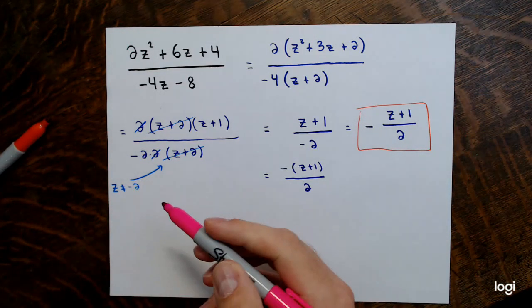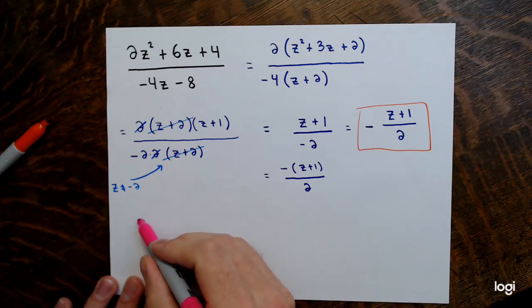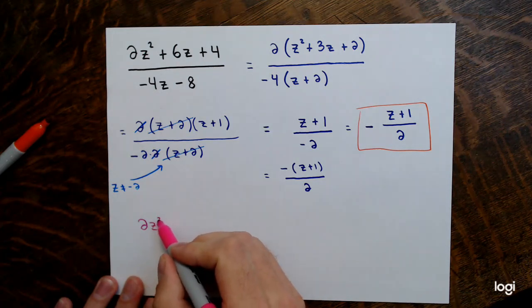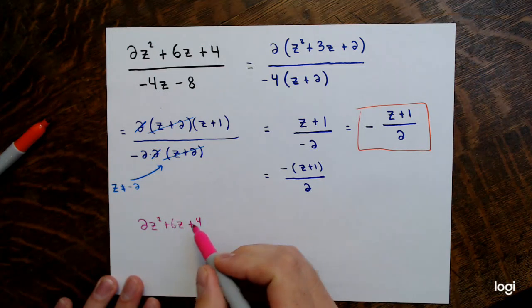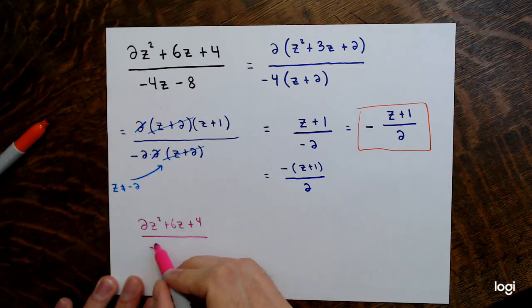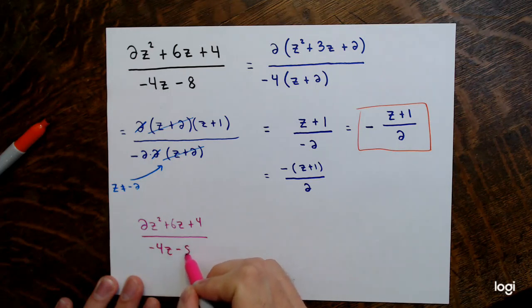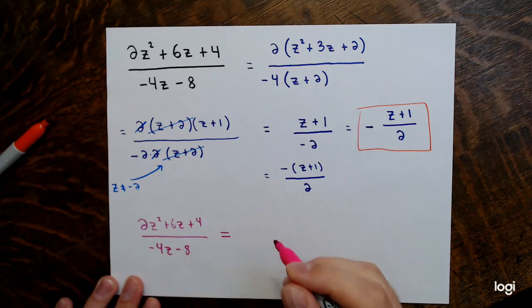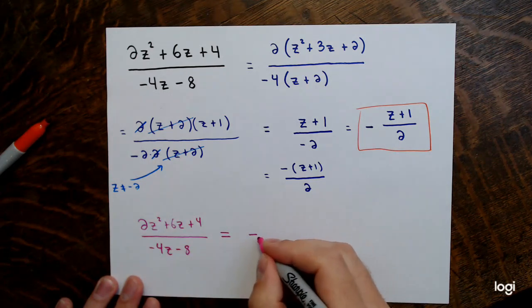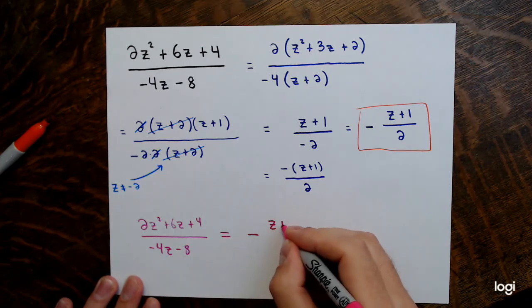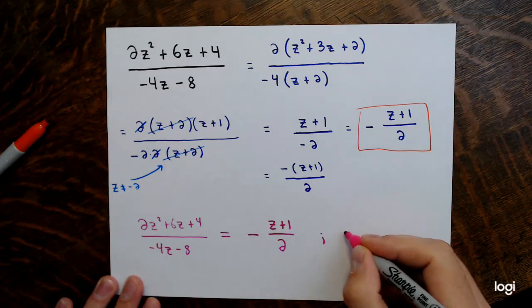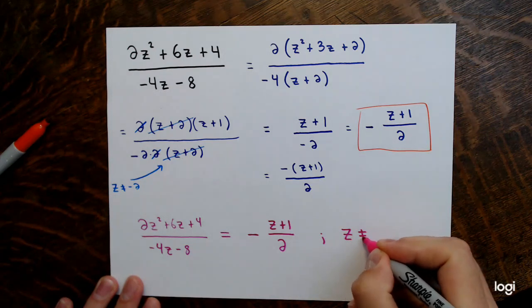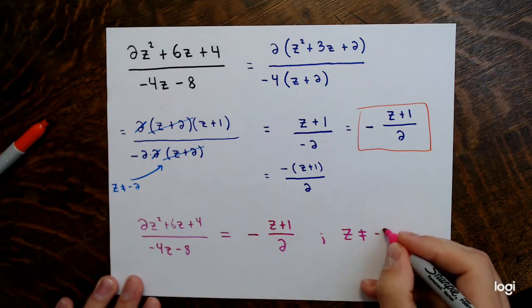Okay, so when all said and done now, we got this, 2z squared plus 6z plus 4, divided by negative 4z minus 8 is equal to the opposite of z plus 1 divided by 2, as long as z is not negative 2, right? We stated that earlier.